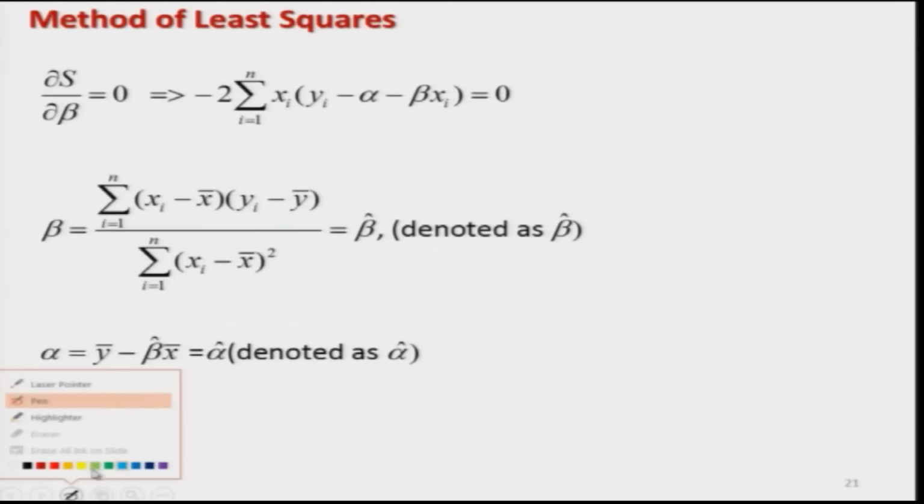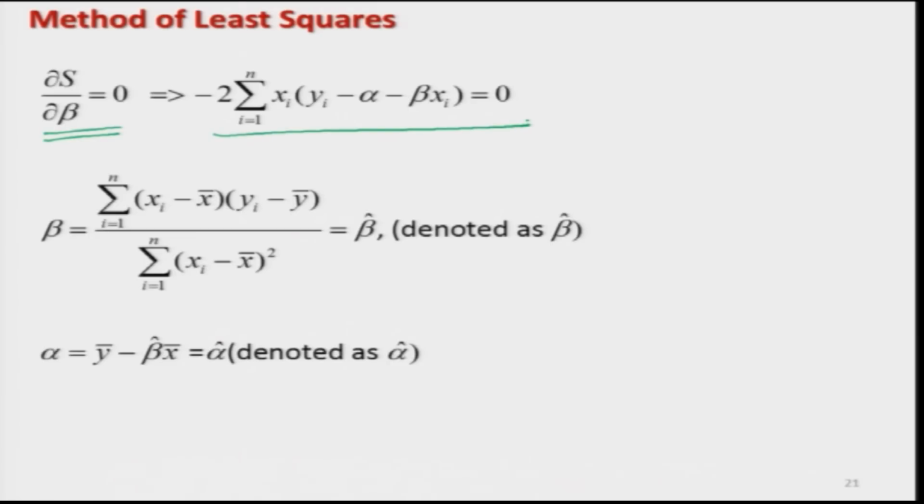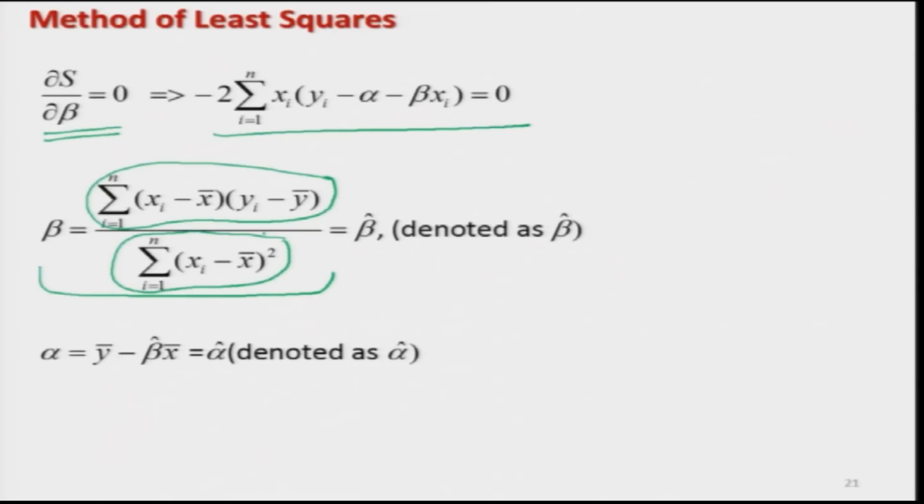So, we do the same process and obtain the first order partial derivative of S with respect to beta, and I substitute it equal to 0. This is the first order equation, and now if you solve it, which is pretty simple algebra, you will get the value of beta like this: summation of xi minus x bar times yi minus y bar, i going from 1 to n, divided by summation i from 1 to n of xi minus x bar whole square.